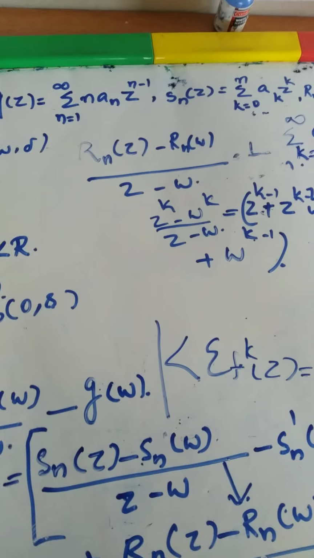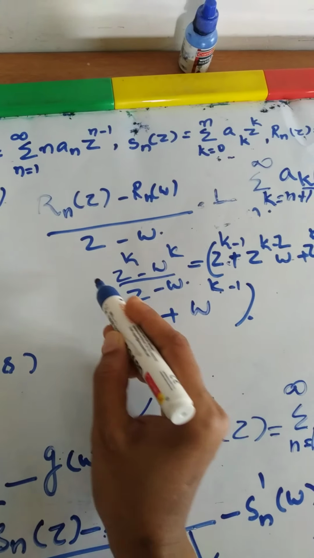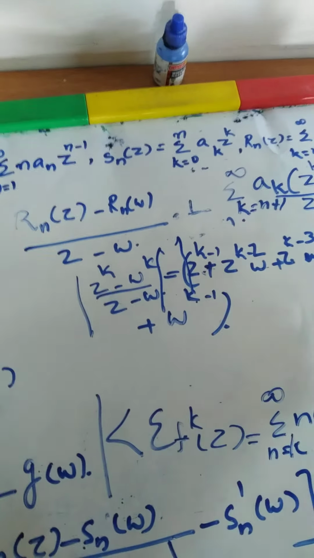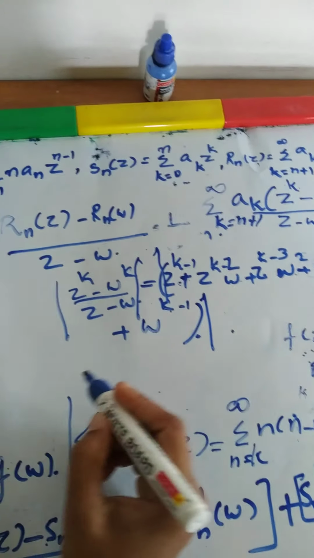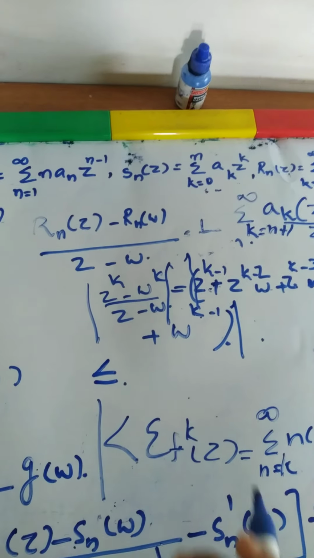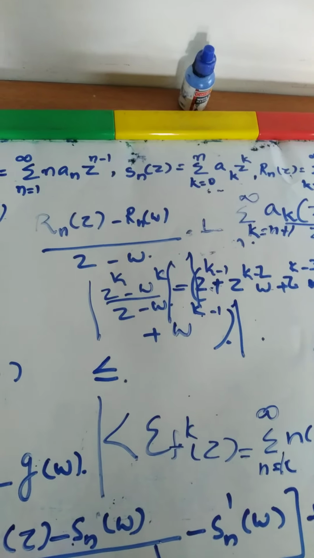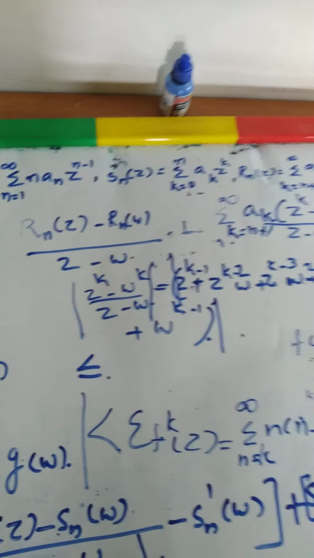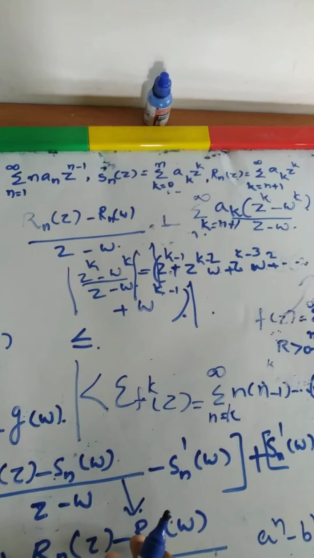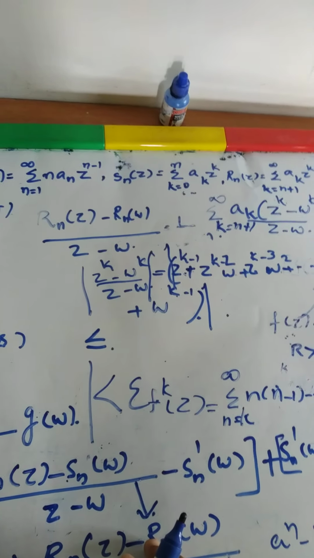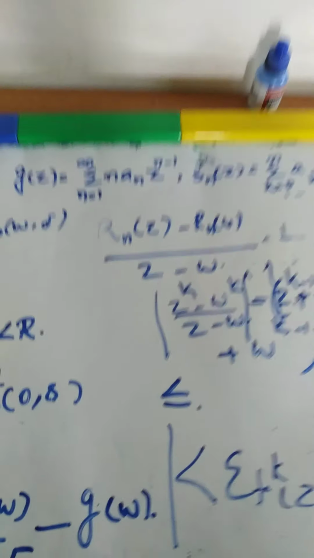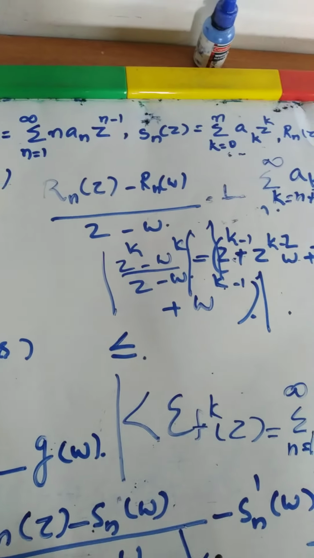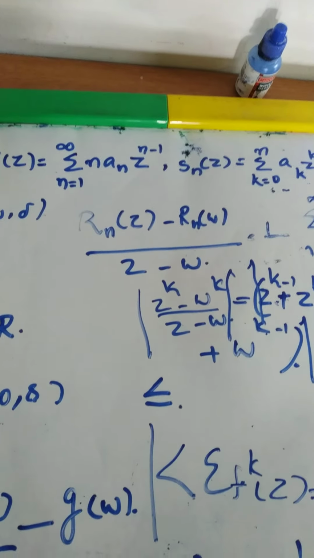You just take the modulus here and apply the triangle inequality. So this is less than or equal to modulus of z raised to k minus 1 plus modulus of z raised to k minus 2 into mod w plus modulus of z raised to k minus 3 into mod w square, etc. What will happen to each term?